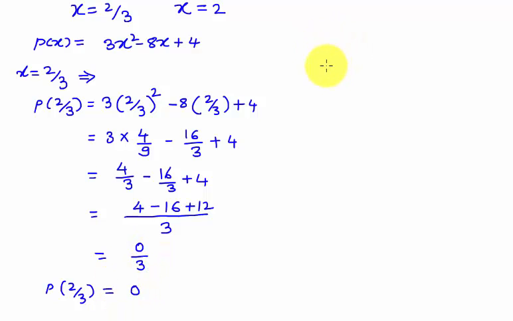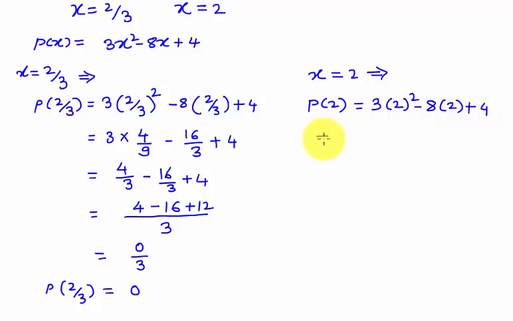Now in a similar manner, we can check the value of polynomial at x is equal to 2. So P at 2 is equal to, the polynomial is 3 into x square, that means here 2 square, minus 8 into what? x, that is 2, plus 4.